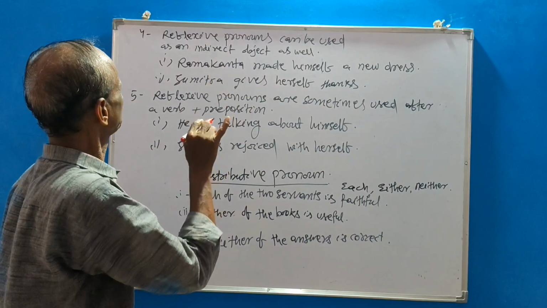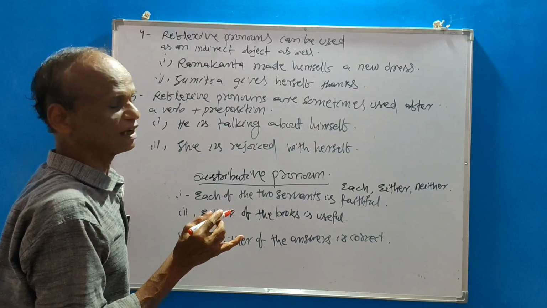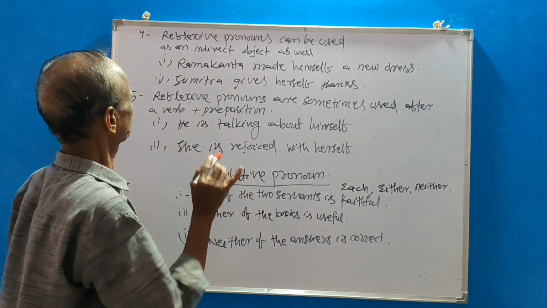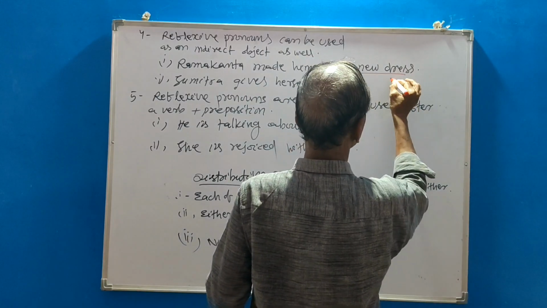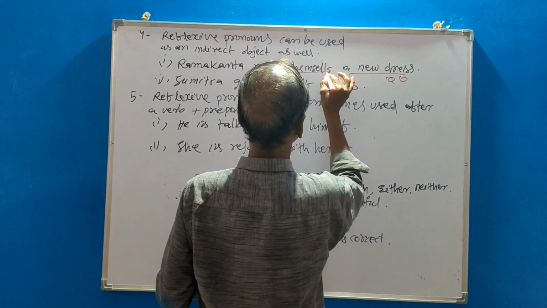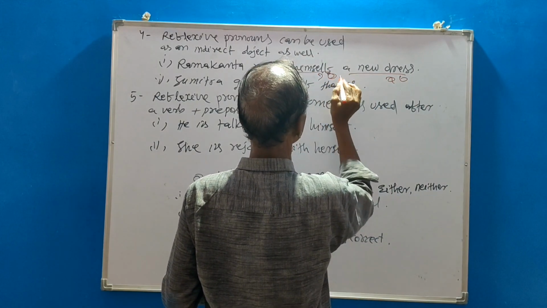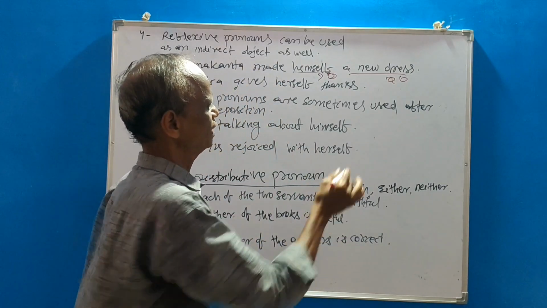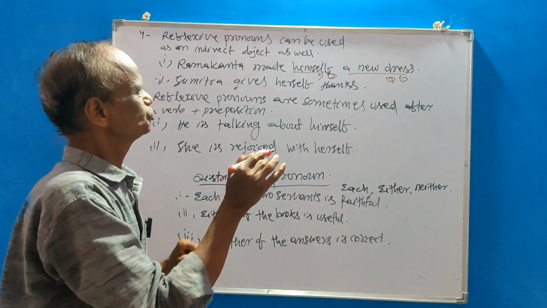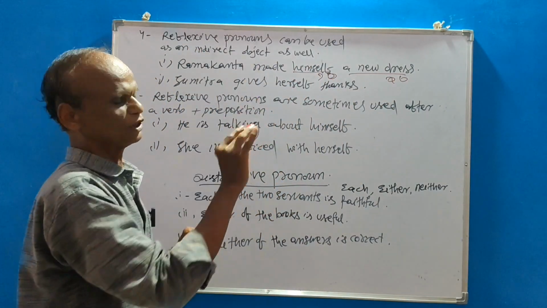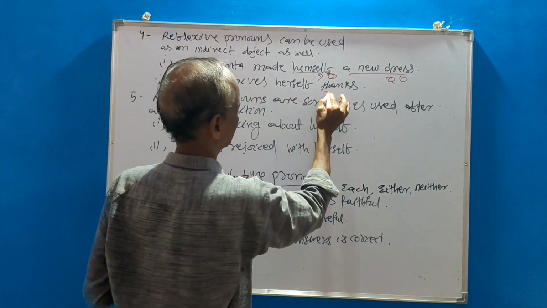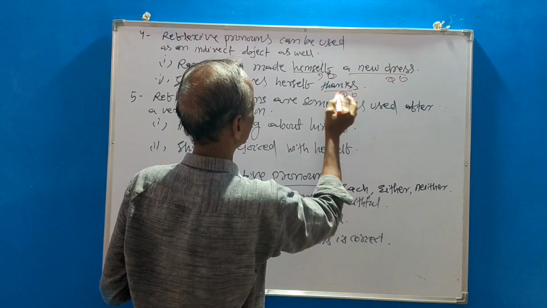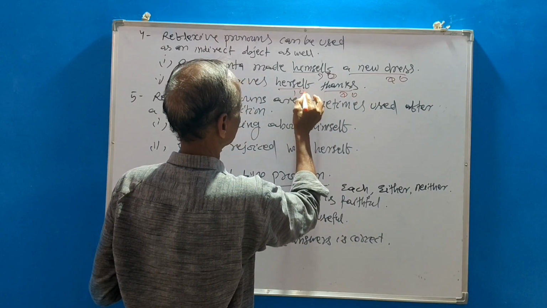Next, reflexive pronouns can be used as an indirect object as well. For example, Ramakanta made himself a new dress. Dress, direct object. Himself, indirect object. So, reflexive pronouns can be used as indirect object. Sumitra gives himself thanks. Direct object, indirect object.